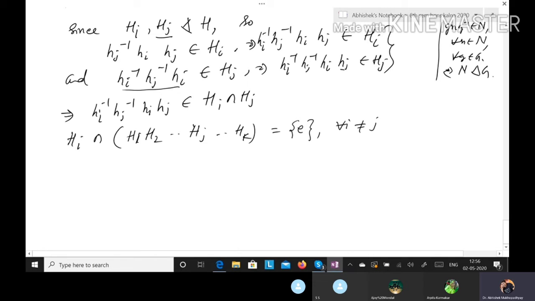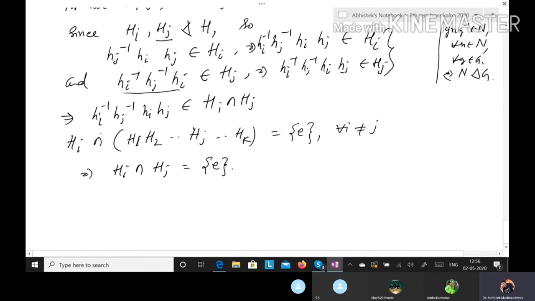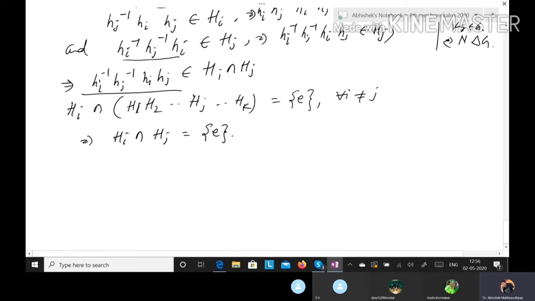From this we can imply that Hi intersection Hj must be the identity; there is no common element of Hi and Hj. But we have found one element which is common to Hi and Hj, and this implies hi inverse hj inverse hi hj is the identity. So hi hj must be equal to hj hi for all i not equal to j.